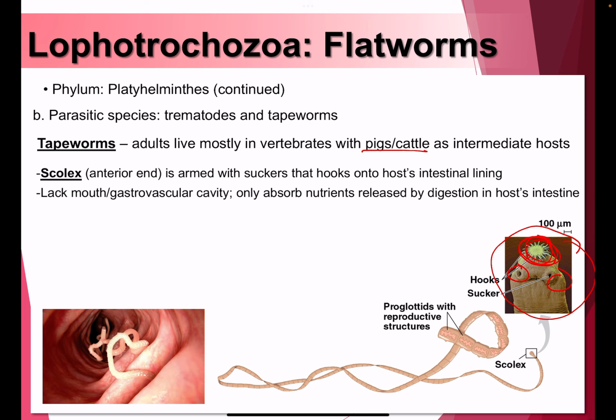Even though all the feces and food are moving through, it will stay stuck there. It won't just flop off and go out, because it has those hooks that can attach itself.